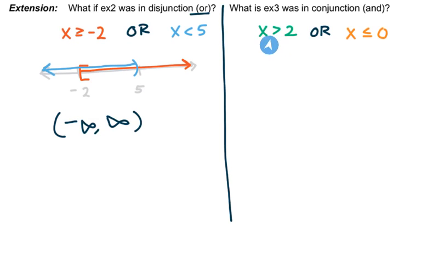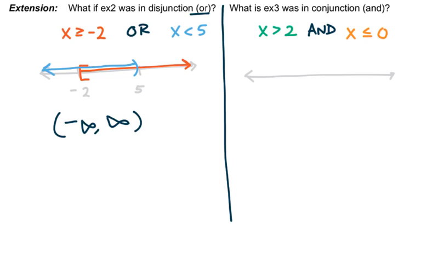Similarly, what we had for example 3 was x is greater than 2 or x is less than or equal to 0. And here we're asked to take that or statement and to rewrite it with and. So if we'd had this with an and here, x being greater than 2 and x less than or equal to 0, what does that look like?